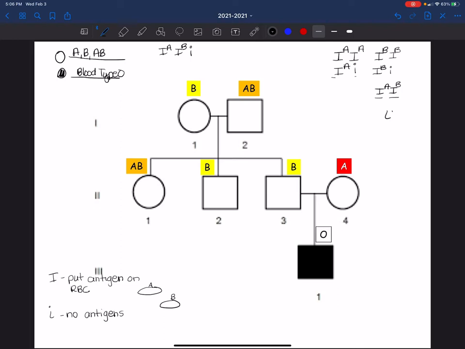And then lastly, we have blood type O, in which there are no antigens put on the red blood cells. So we can put in anybody on our pedigree with these two genotypes, because that's the only possibility for their genotype. So blood type O would be two little i's, and blood type AB would be I^A I^B.